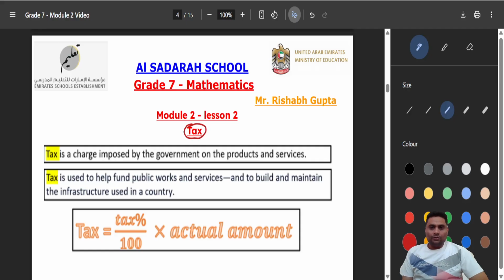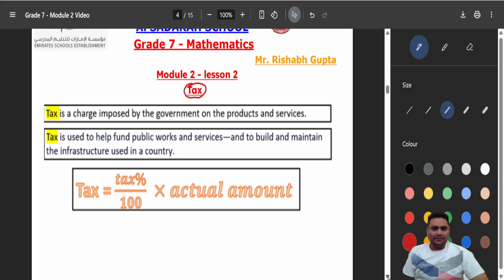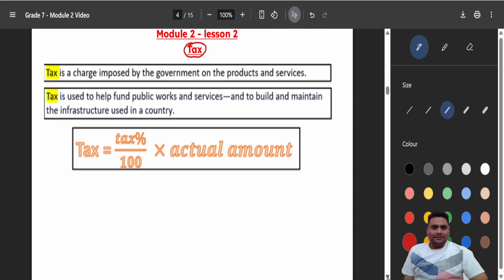Now tax means, I think in Arabic we call it dariba or gariba, right? Tax, yani, this is the amount that is imposed by the government on the products and services. Let's say you go to the restaurant, you go to Carrefour, you buy something of 100 dirham.